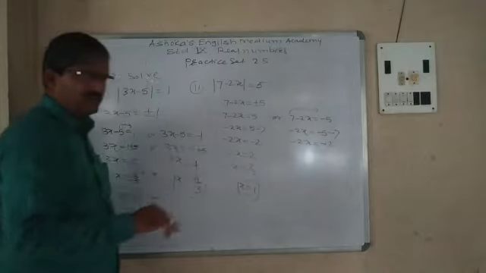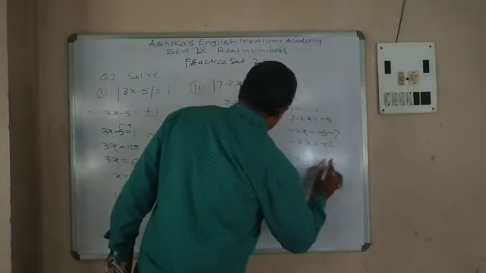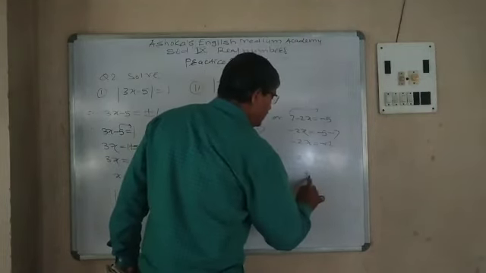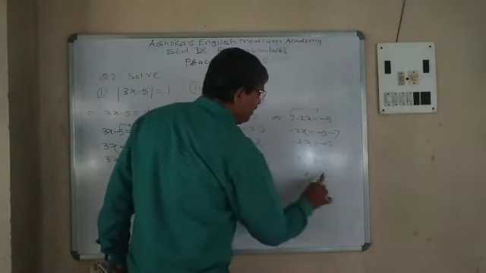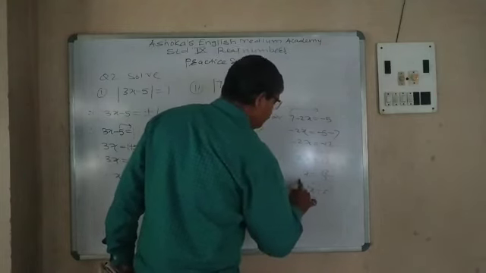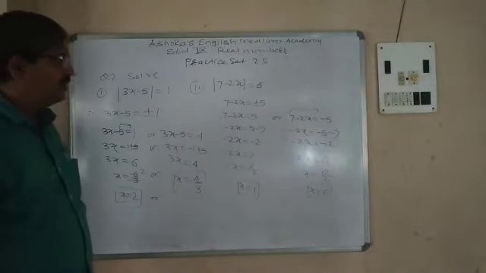The negative sign on both sides becomes positive. Thus 2x is equal to 12. Multiplication becomes division, and x is equal to 6.